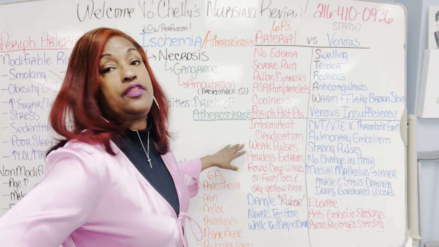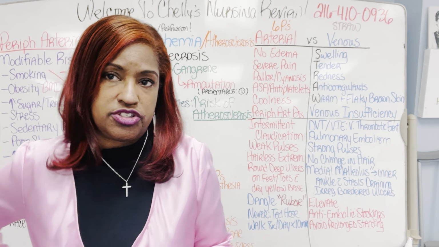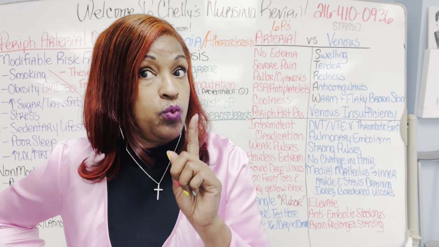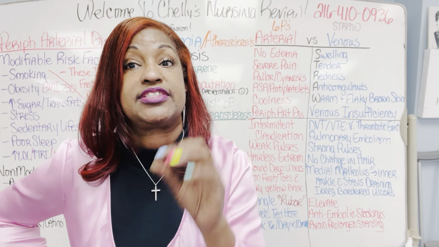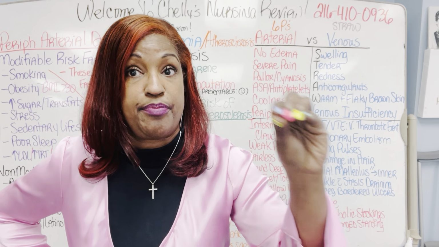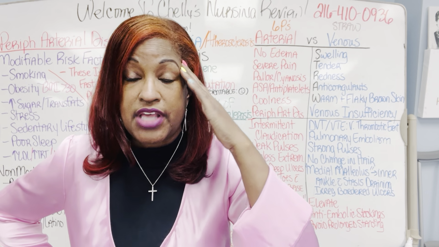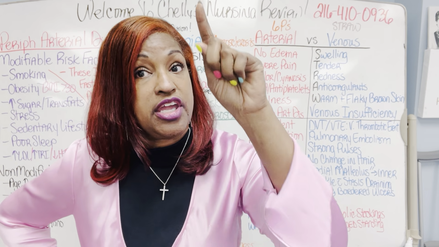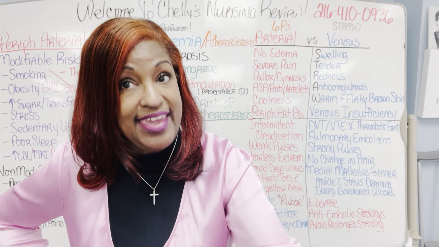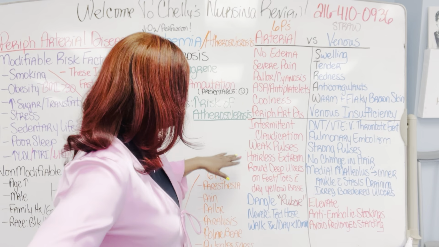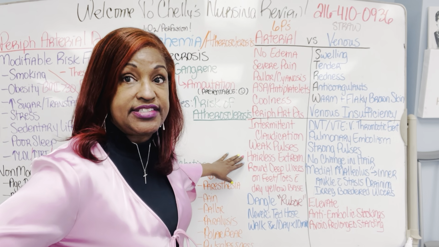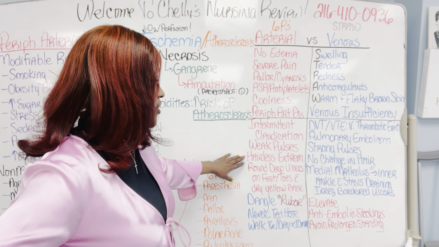Okay, now the pulses in the patient with arterial disease might be weaker, and that's important because that's going to get us to the next step of remembering in our brains on this test something called 6 P's. I'll show you in a minute. Hairless extremities. Now look at this.